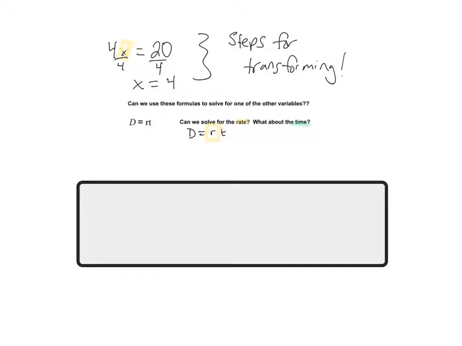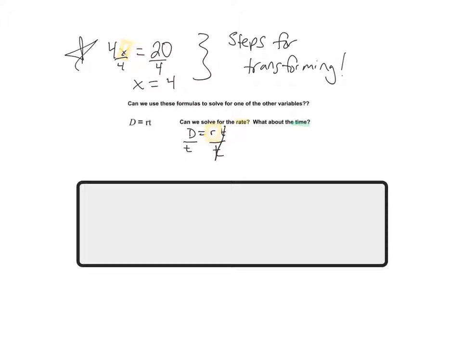is R, I want you to think about the same thing that we did when we were solving way up there for X. How do I get R all by itself? To get R all by itself, we're going to divide by T, right? That's going to cancel out our T's, but we know from our properties of equality that we can't just do that to one side.